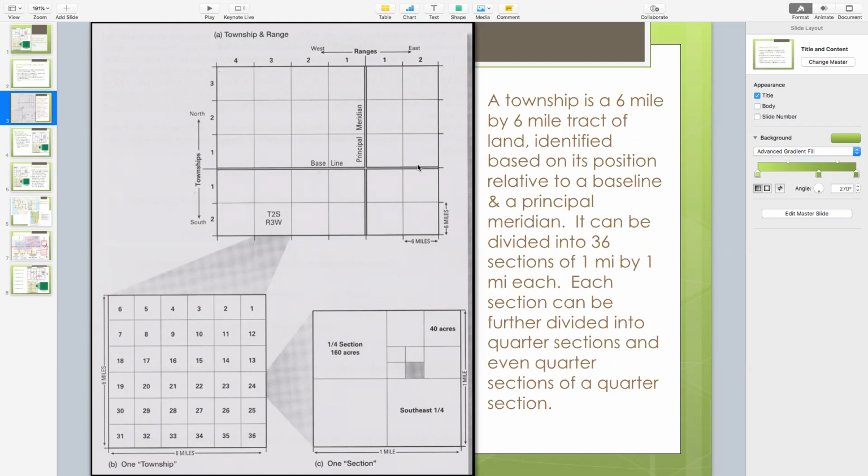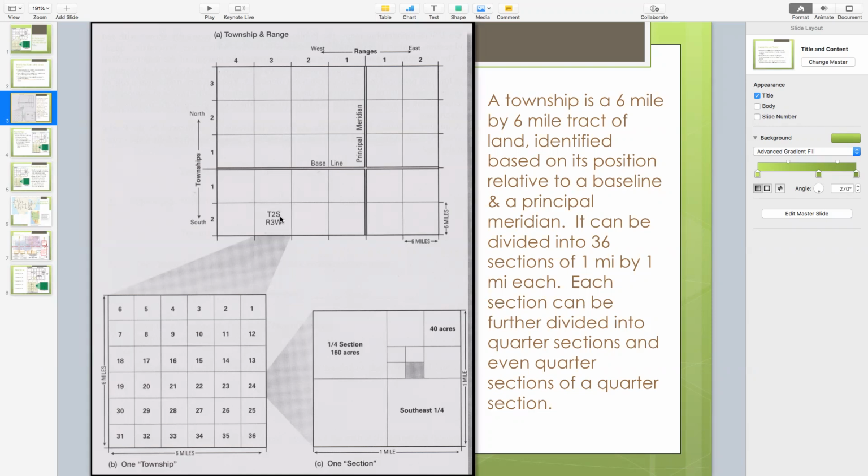We see that we have to go 2 spots south. This is where we get our T2S, township 2 south, because to get to this township from our baseline, we had to move 2 townships south.